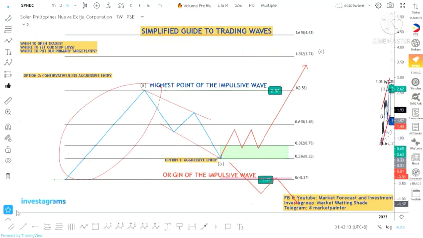We can then enter the trade and set a long position, still on the significant Fibonacci levels. So our entry will be made after the retest of the 0.382. So on our Fibonacci that is supported, that is where we will place our long trade or entry.